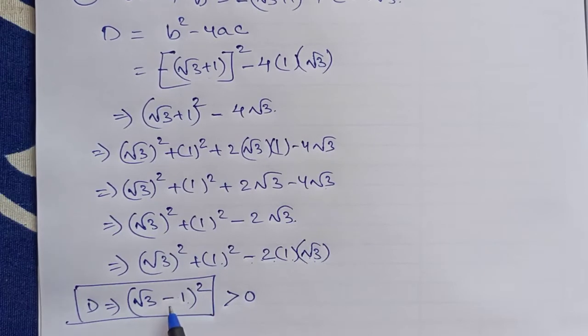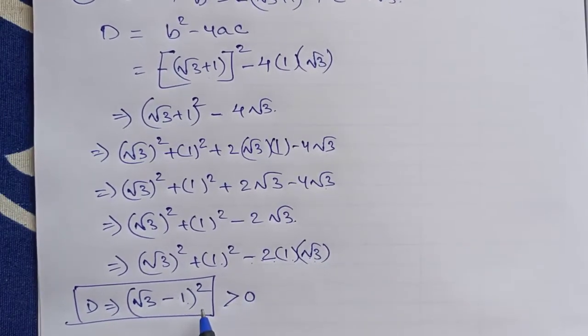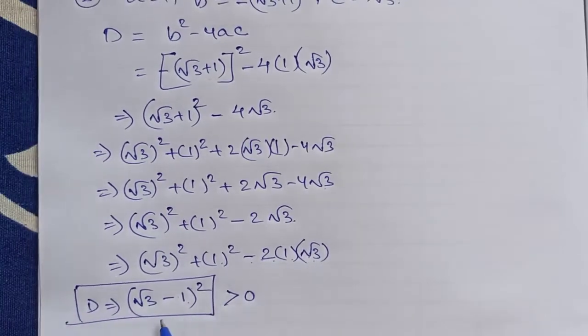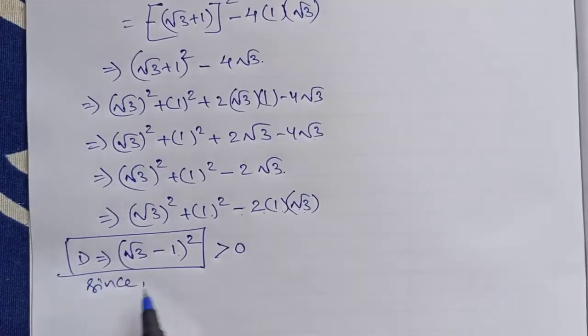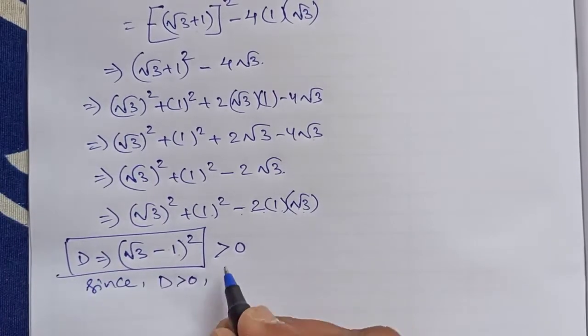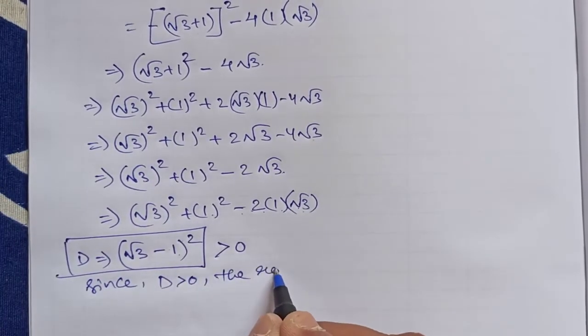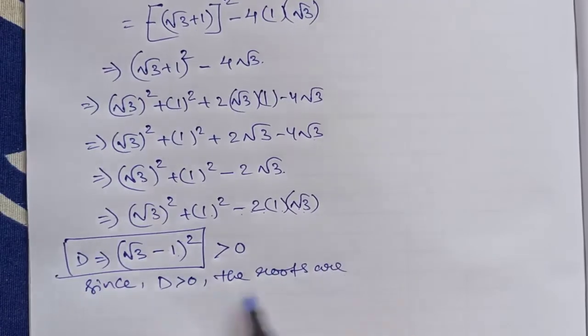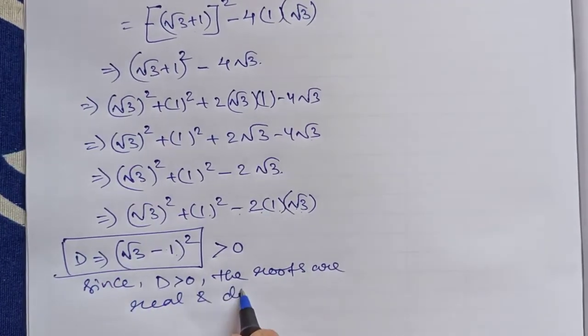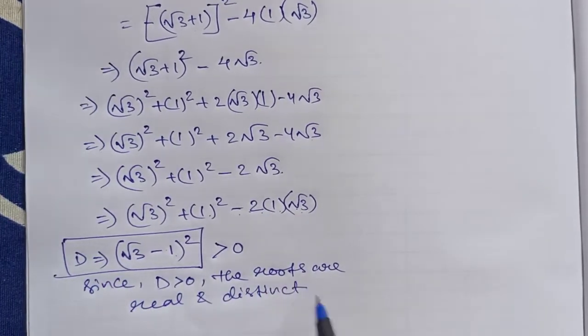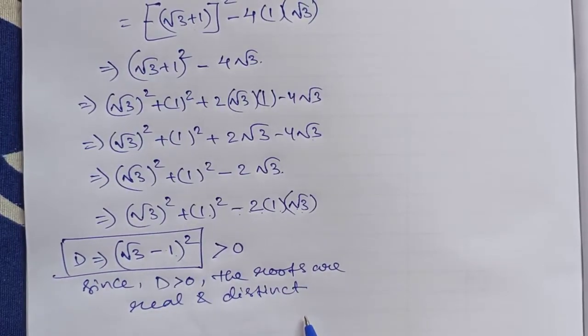So the square root of a negative number also will be greater than 0, because anyhow we are going to get the positive answer for that. So since D is greater than 0, the roots are real and distinct.